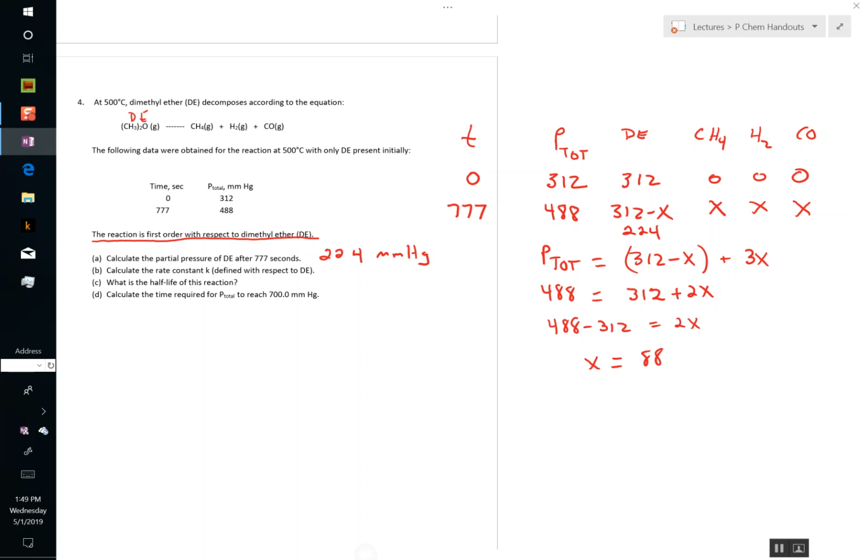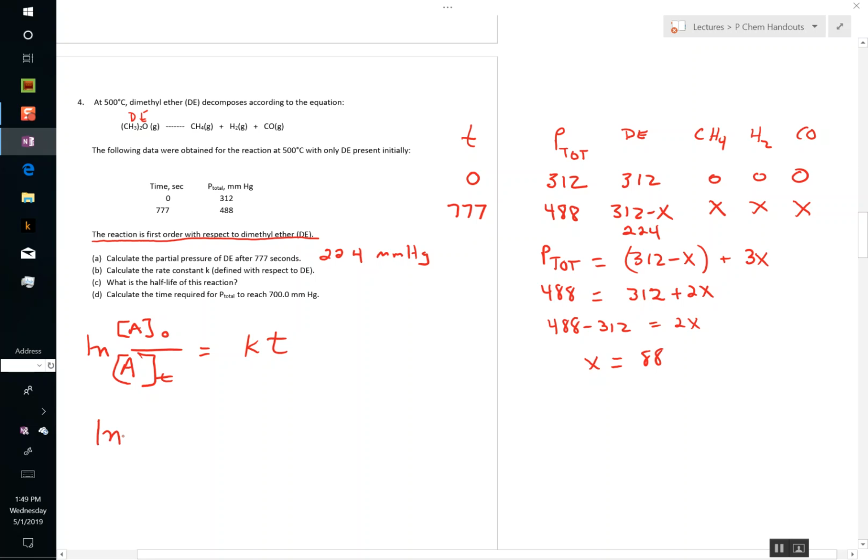It's telling us it's first order, and for a first order reaction we need to calculate ln of A naught over A at time t equals kt.